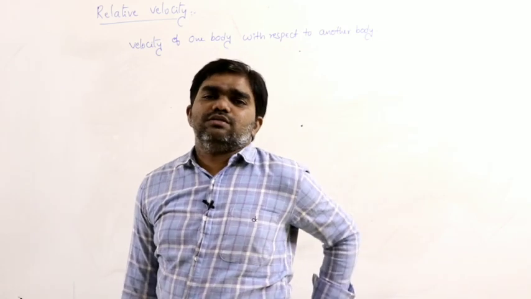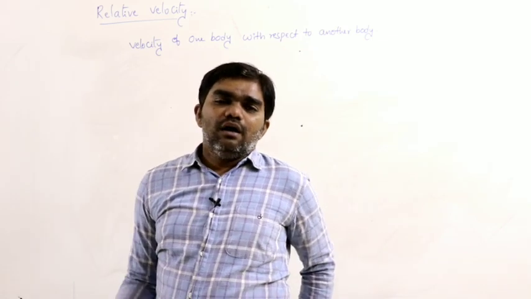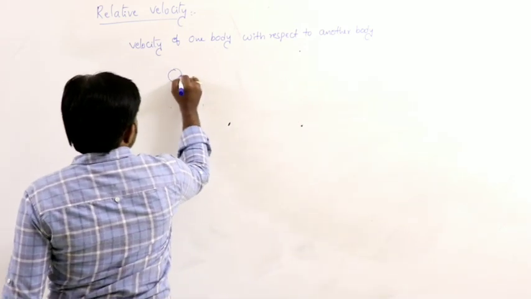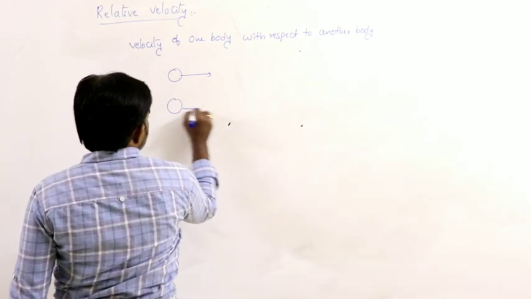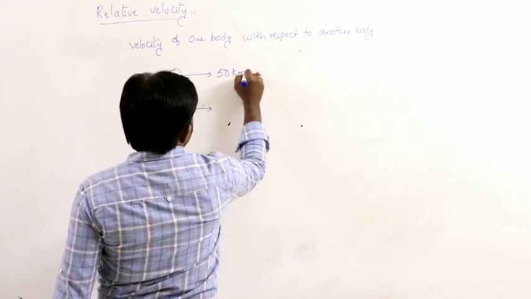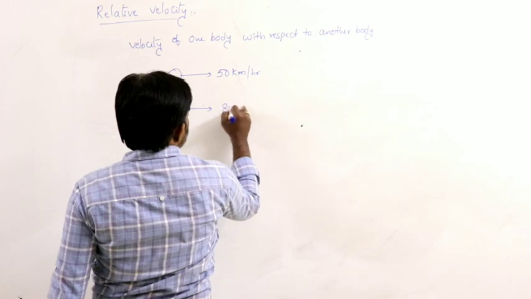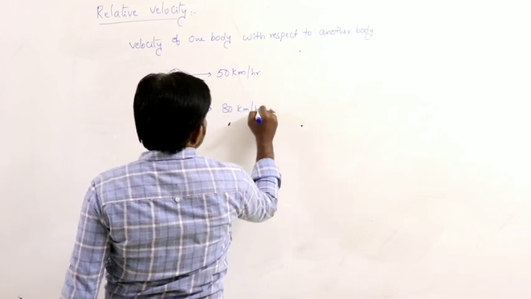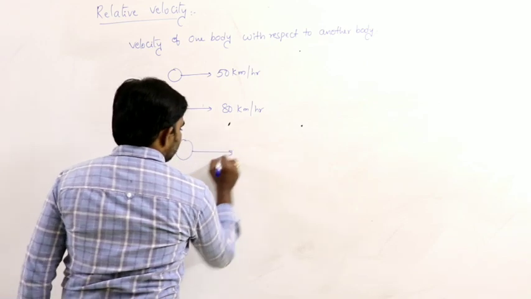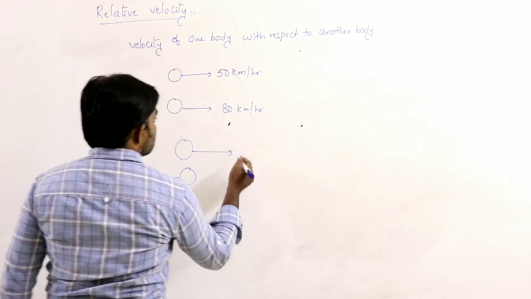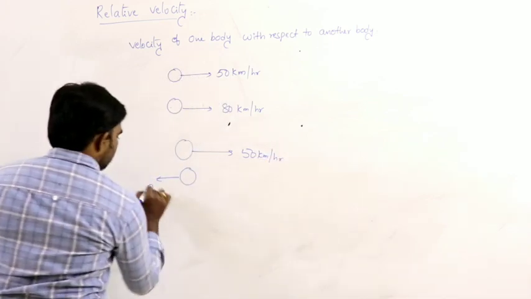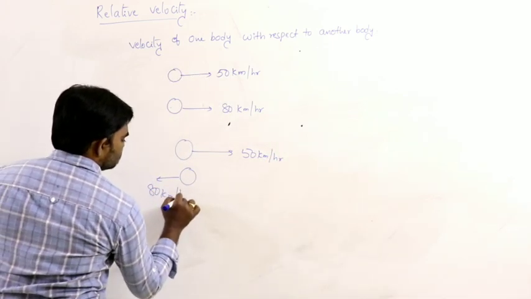How can you do this? For example, two bodies are traveling in the same direction. For example, this velocity is 50 kilometers per hour and this velocity is 80 kilometers per hour. For example, two bodies are traveling in opposite directions, the same 50 kilometers per hour and 80 kilometers per hour.